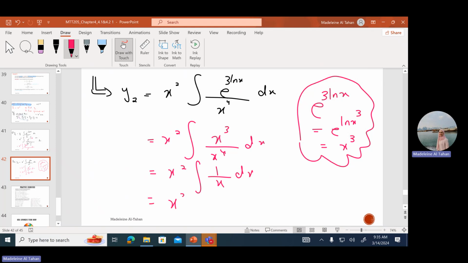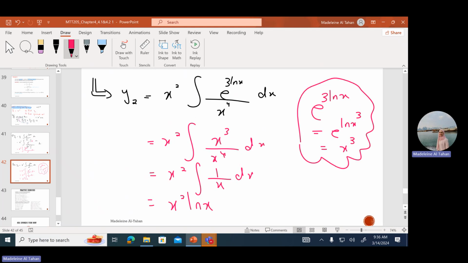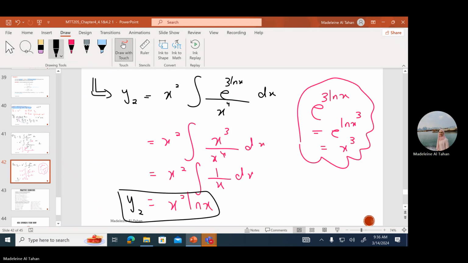The second solution, we do not put a constant with it. Let c be zero. Why didn't I again put the absolute value? Because x is positive. So this one is y2. We will put it in a box in order to write our general solution exactly.